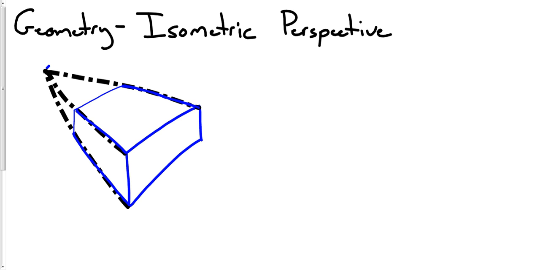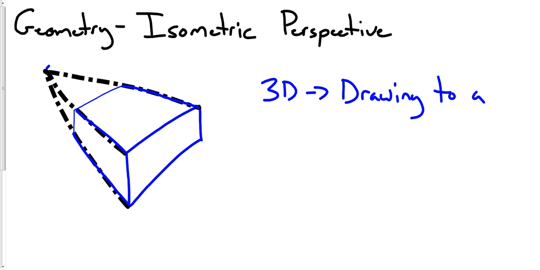Okay, so the key here is that when you're drawing with an isometric perspective, it's still a 3D representation, but in this case, you're drawing that representation to a point. Okay, so to a point in the distance.